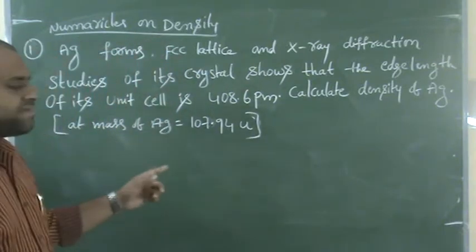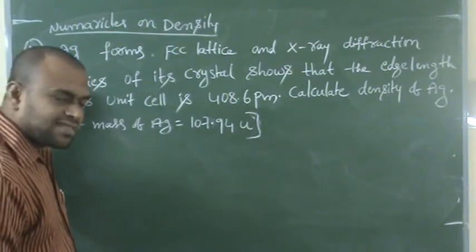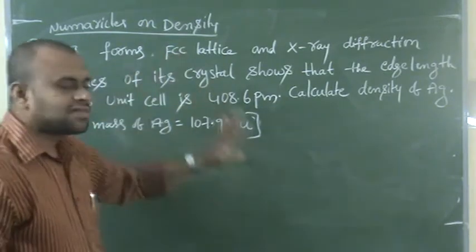So note down the problem. Once again I will repeat. Ag means silver, which forms an FCC lattice.